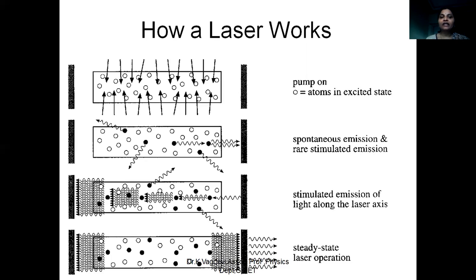And irrespective of the medium, in order to produce these stimulated emissions into a particular amplified light, we need to enclose that medium in this optical cavity resonator. And once the resonating condition, like L, the length of the medium, is equal to n lambda by 2, then those particular photons are taken as laser output. So these are all the requirements to get the laser light from any medium. Thank you.